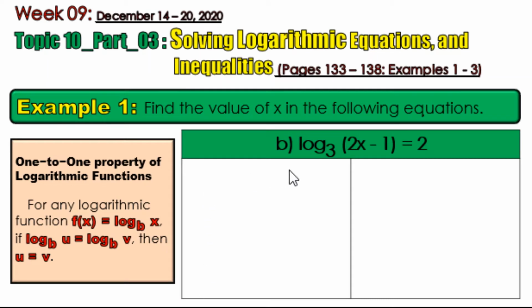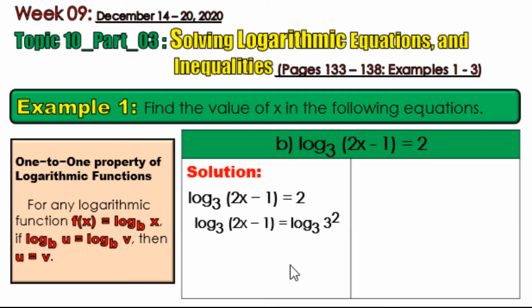Now let us discuss letter B. Logarithm of 2x minus 1 to the base 3 is equal to 2. So what do you think? First, we express 2 as the logarithm of a number to the base 3.